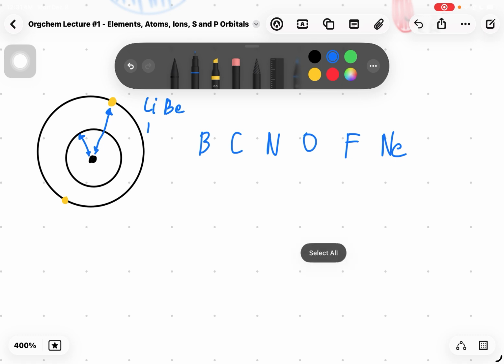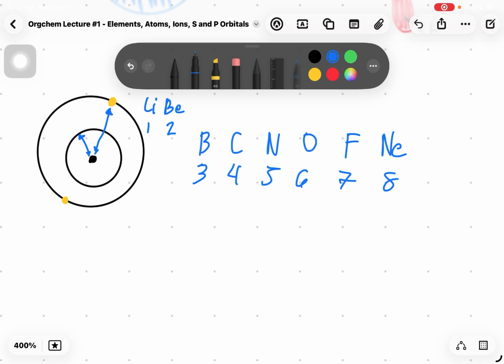Beryllium, being in the second group, has 2 valence electrons. Boron, being in the third group, has 3. And that's basically the pattern. Noble gases have 8. Always remember that, because the noble gases are already stable and usually they're not willing to undergo bonding.